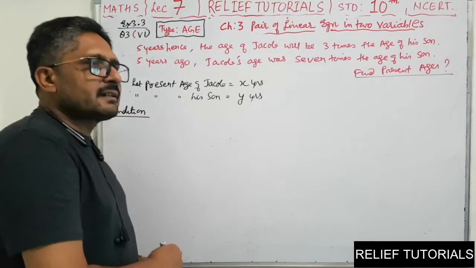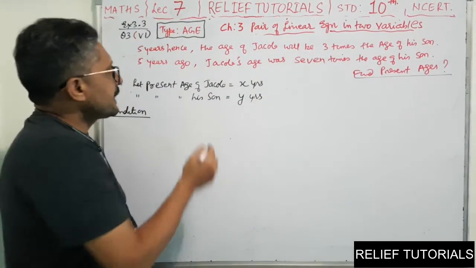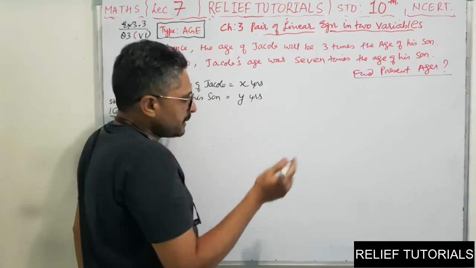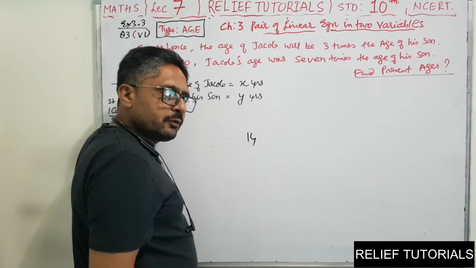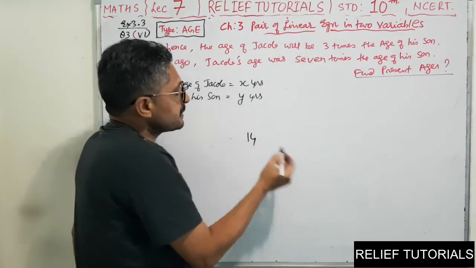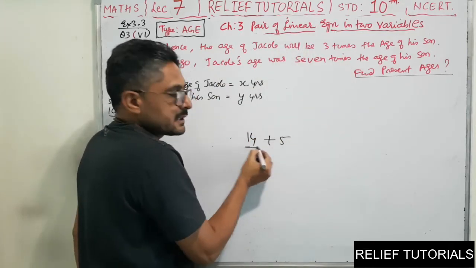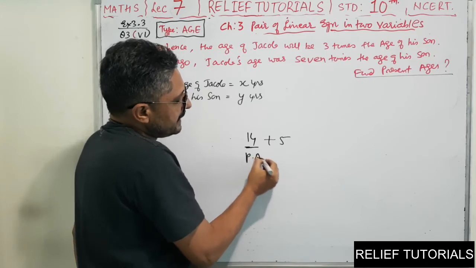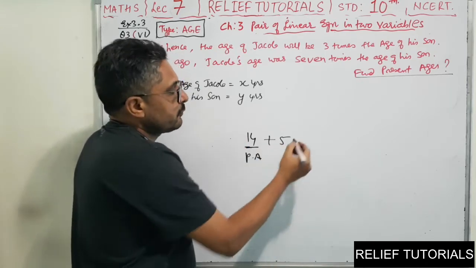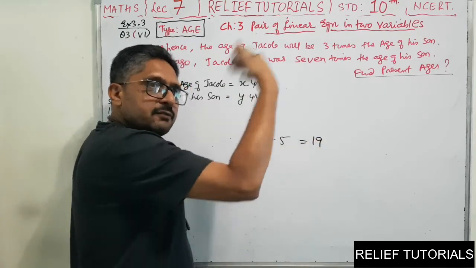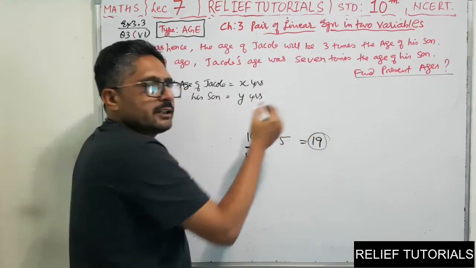At present, the age of Jacob is x. For example, at present your age is 14 years. So what will be your age 5 years hence? You will add 5 to the present age. So 14 plus 5, 19 years after 5 years. Okay, have you got it or not?